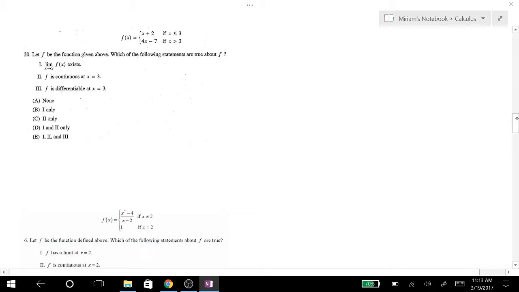Next question. I have a piecewise function here. And I have to see if the limit as x approaches 3 exists, if f is continuous at x equals 3, if f is differentiable at x equals 3. Okay, let's check all of these things. So first off, this means that x is smaller than or equal to 3.